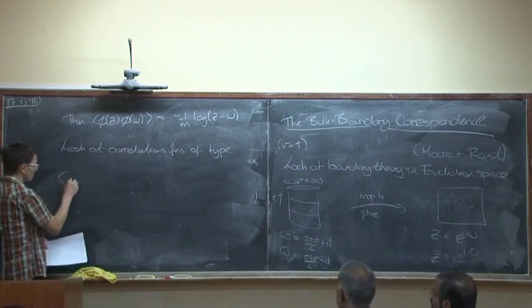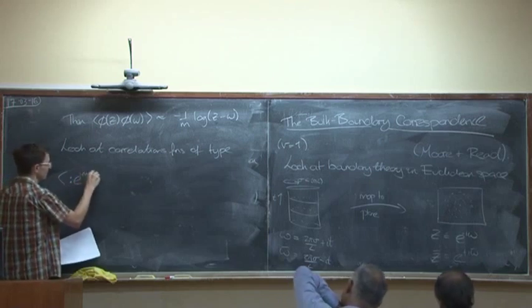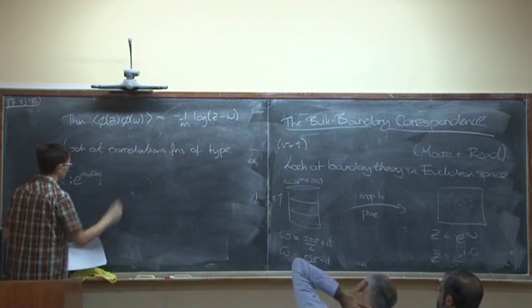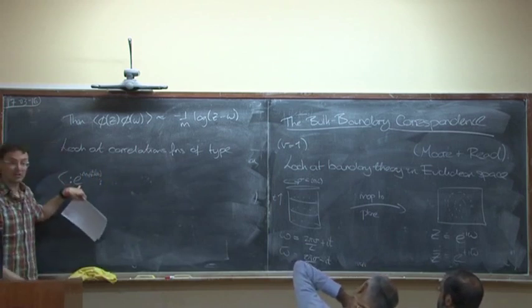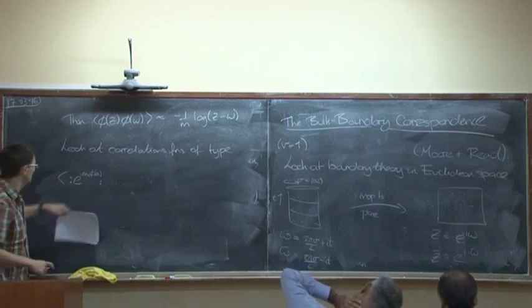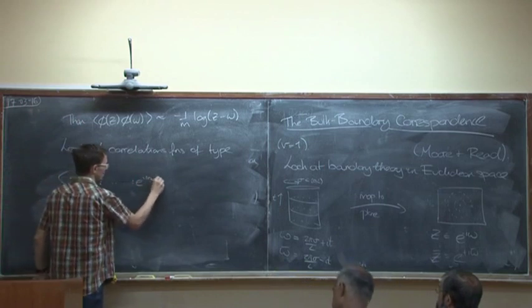So the correlation functions we're going to look at, again, are the type that we're always looking at in string theory. By the way, in conformal field theory language, these things are called vertex operators, and it's the same language used in string theory. So it's correlation functions of this type.